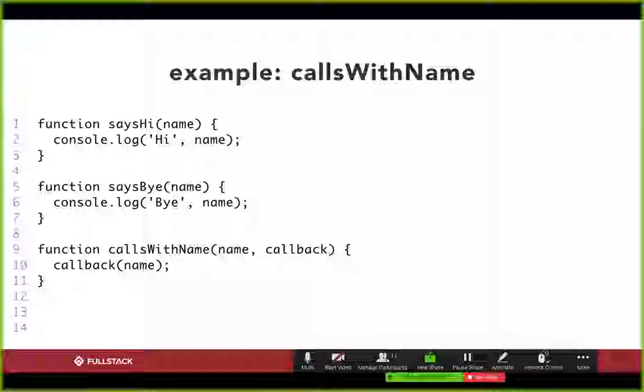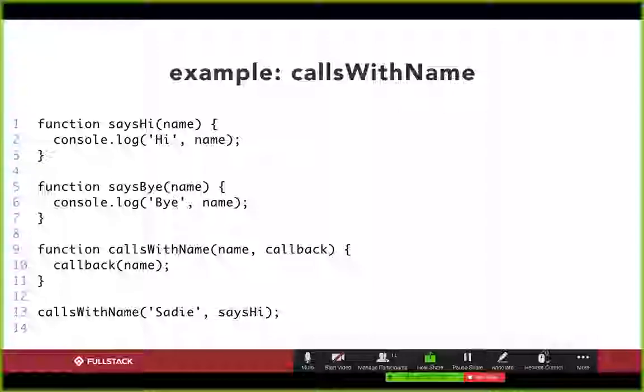So I give a function two things. It assumes the second thing I give it will be a function, and it's going to invoke that function and pass in the first thing I give it. So when we finally invoke this function on line 13, I pass in calls with name, and as a first argument I pass in the string Sadie, and for the second argument I pass in says hi.